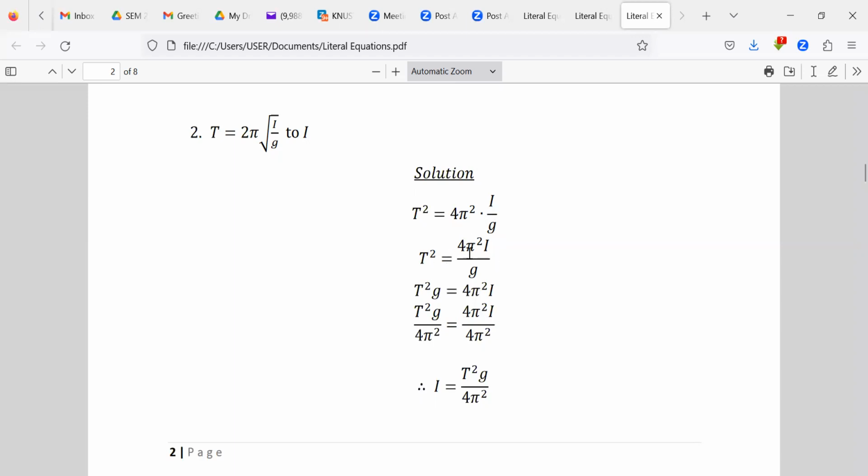So let's simplify it and go to the next step. So T squared gives us this expression. The next step is that we are going to try to get rid of this fraction.